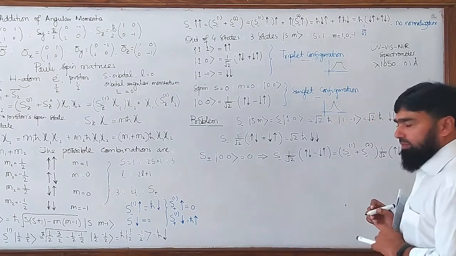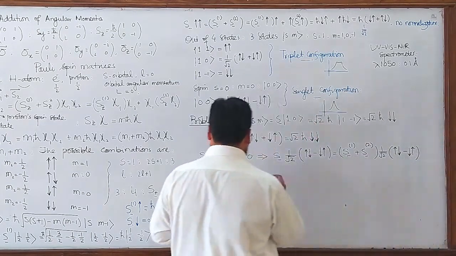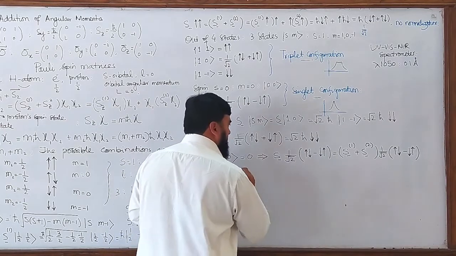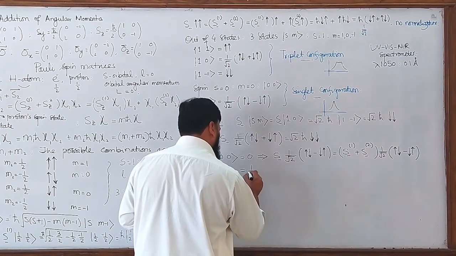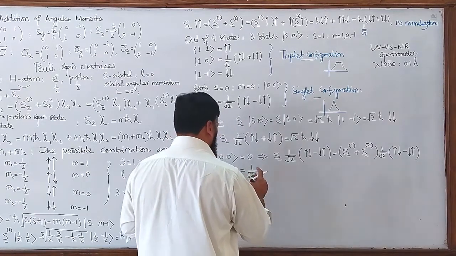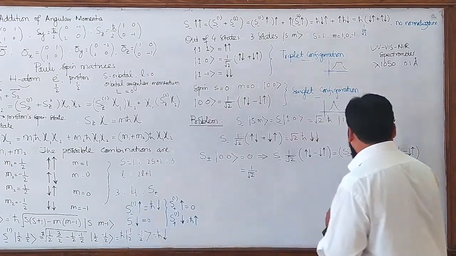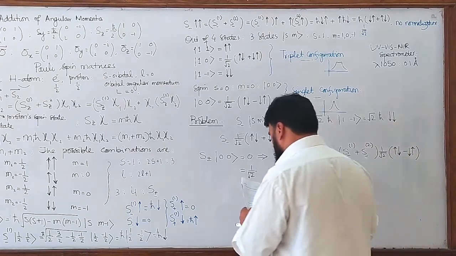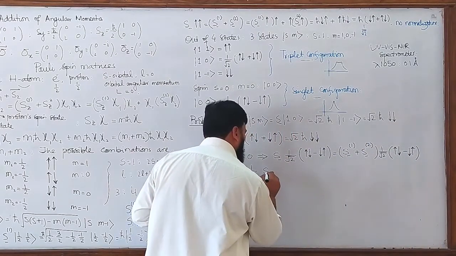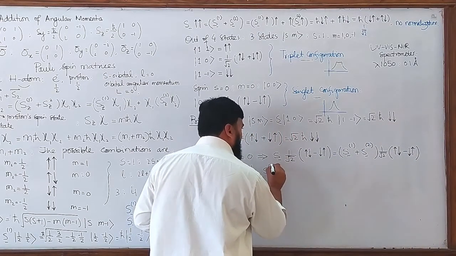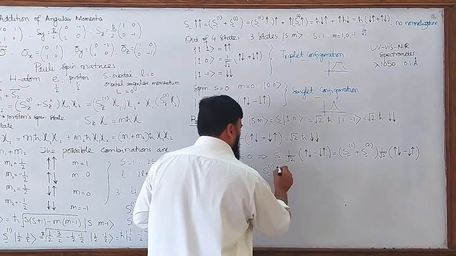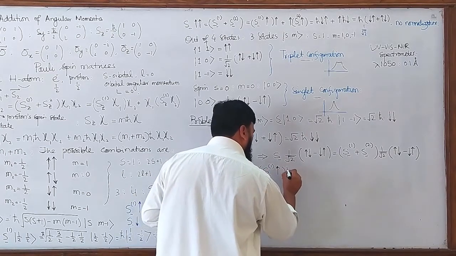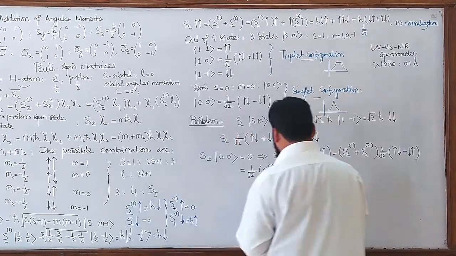Clear? Now what will it be? It will be equal to half. So take this thing out as common. S minus 1 operates on this up, while the other will remain with this.